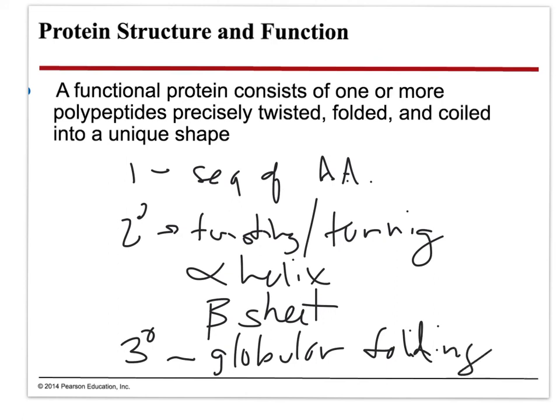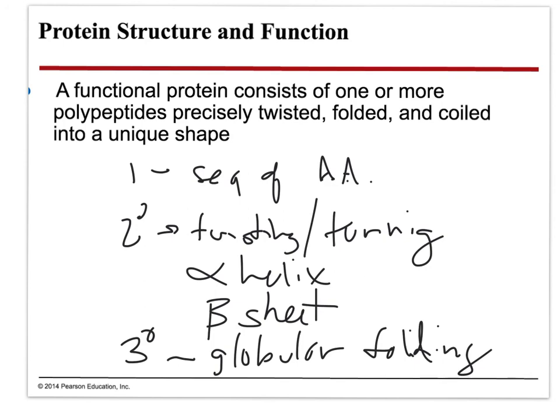That twisted sequence of amino acids in turn folds upon itself and forms a globular structure. In terms of one polypeptide, that is the last step. So if I have one chain of amino acids, amino acid 1 through 25, it will fold a certain way and then it will stop there. That may or may not be the functional part of that protein.